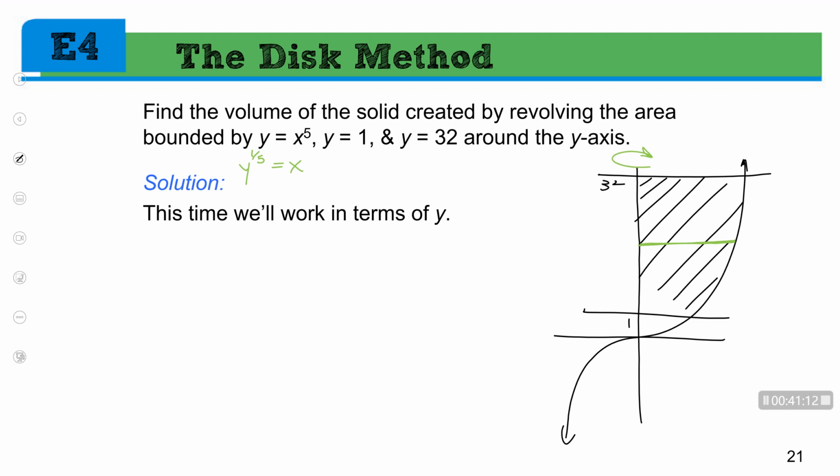I'm going to do right minus left: y to the 1/5 minus 0. Square that, times pi, times, be careful here, dy. The variable that you're working with and the differential have to match.